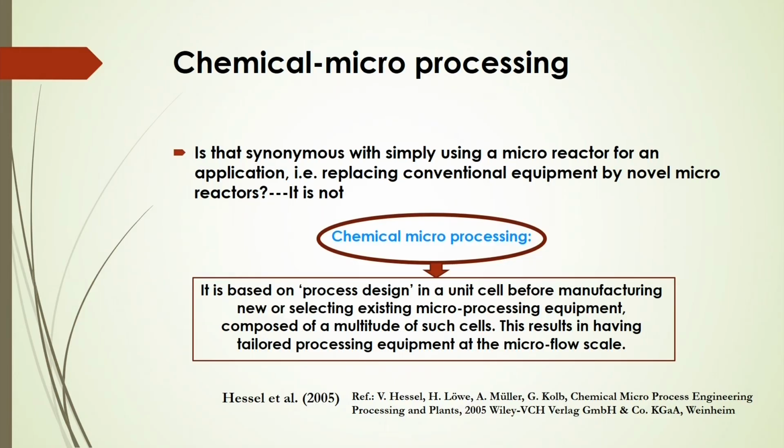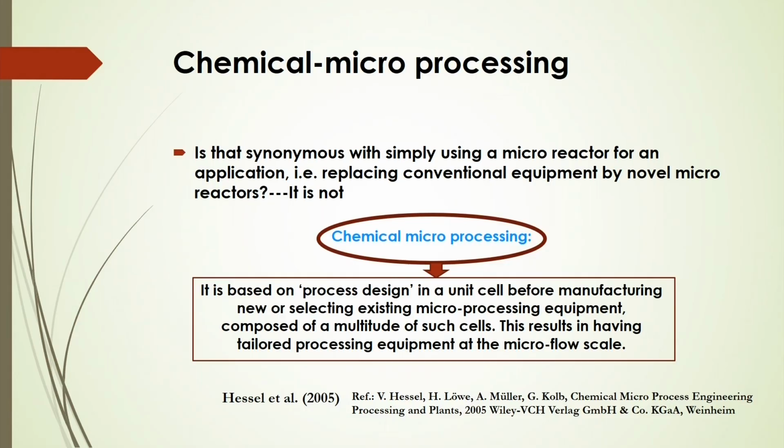So, this definition is actually given by Hessel et al. 2005 in their book, where they have stated that no, it should not be synonymous with simply using a microreactor for an application, that is, replacing conventional equipment by novel microreactors.